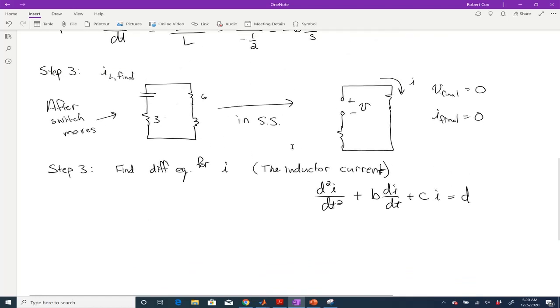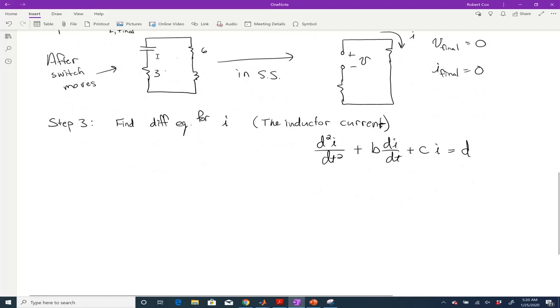So to do that, we're basically looking at this circuit right here. I'm going to write it like this. I'm going to say this guy is C. Here's 6 ohms. Here's my L. Here's my 3 ohms.